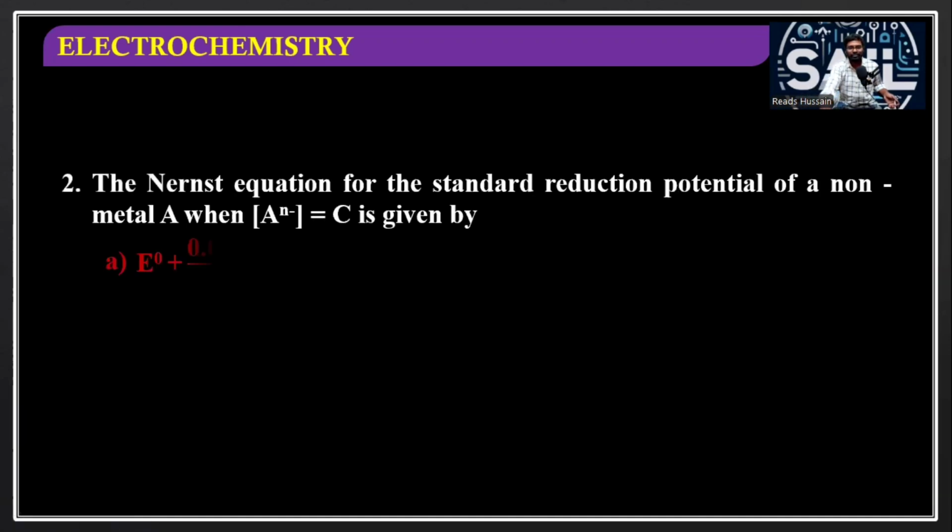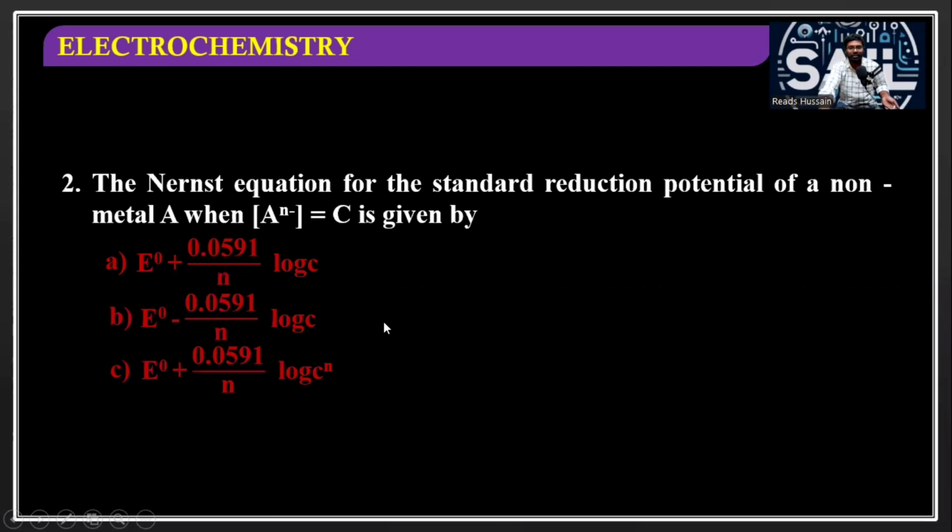Next, the Nernst equation for the standard reduction potential of a non-metal. In the previous discussion, just 5 minutes back, in the place of non-metal we have taken X, when A minus N is taken as C. What is the formula? Please tell me the Nernst equation for non-metallic electrodes.